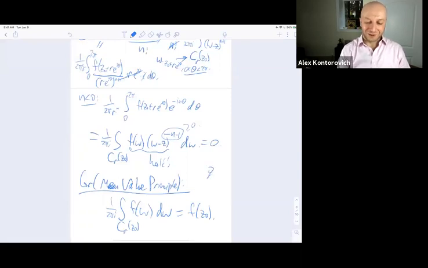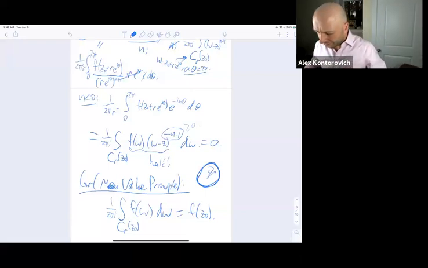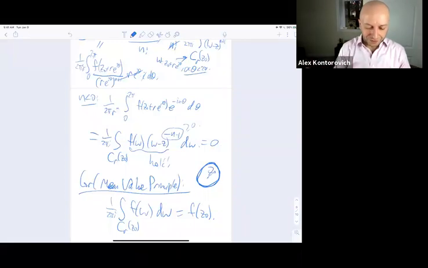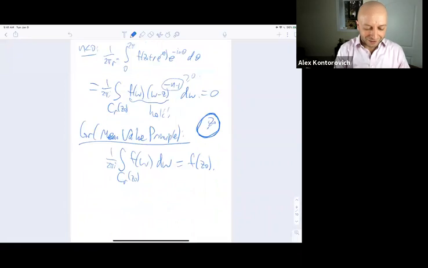You take any circle of any radius, you integrate f, you take the average value. Yeah, this is right, but it's not how I want to say it. Let's say it in a parametrized form.